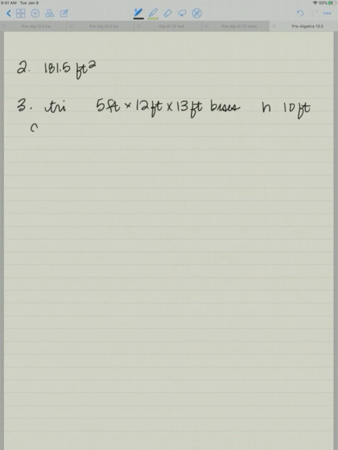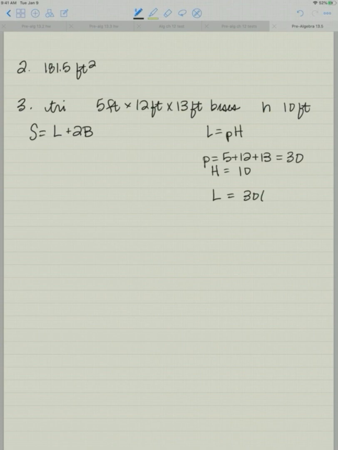So again, big S is equal to big L plus 2 times big B. L is equal to little p times H. So the perimeter of my bases, little p, 5 plus 12 plus 13, that's equal to 30. The height is 10, so big L is 30 times 10, which is 300, okay?